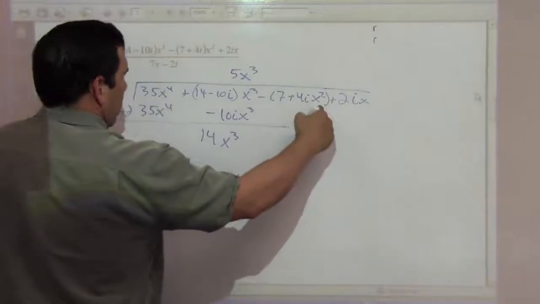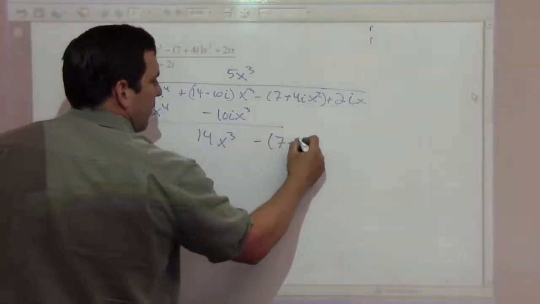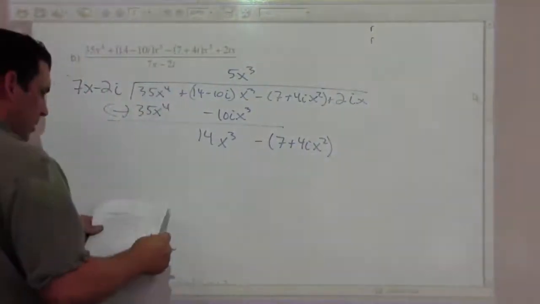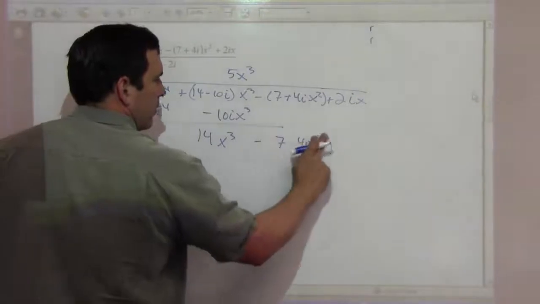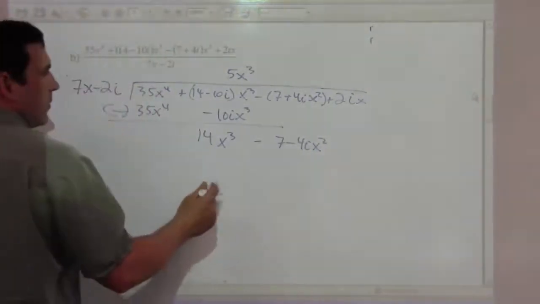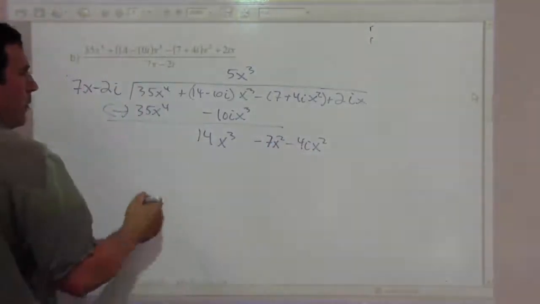And then bring down this next term, minus the quantity 7 plus 4i x squared. In fact, I think I'm going to just distribute that. Minus 7x squared minus 4ix squared.